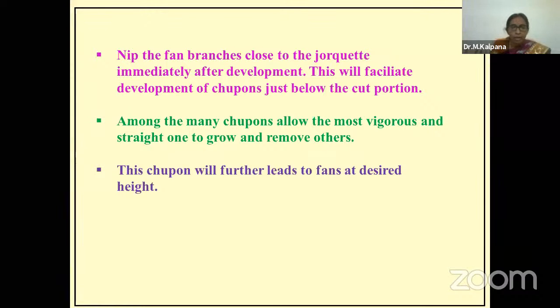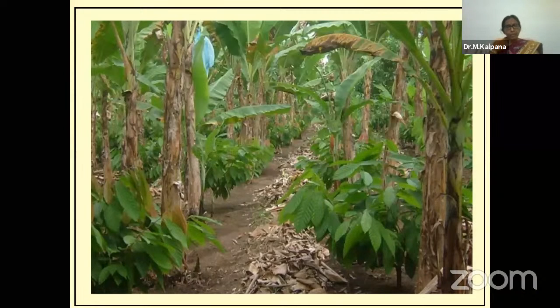So I already explained we have to allow for the next jorquetting, and this is what I observed in one of the farmers' fields, where he planted cocoa and planted banana as a shade crop. After 2 years, he didn't remove the banana, and he allowed for the ratoon crop.